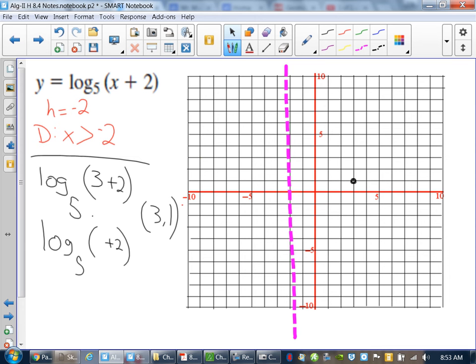What do I pick? -1. Because what's -1 plus 2? 1. What's log base 5 of 1? 0. So that's why I have an ordered pair at -1 and 0.